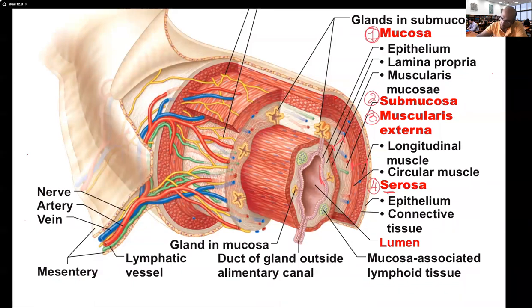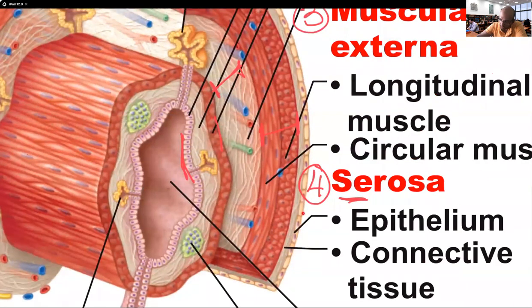To the outside, the outermost layer of the wall of the gastrointestinal tube is going to be the serosa, and as you see on here, it has one row of squamous cells to the outside, and underneath it, it has a very thin layer of connective tissue to support this epithelium.